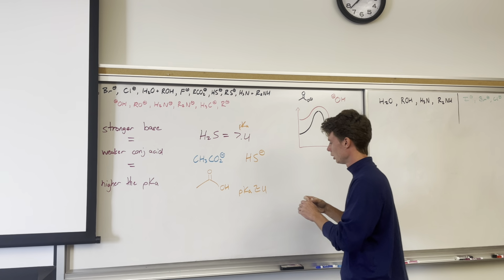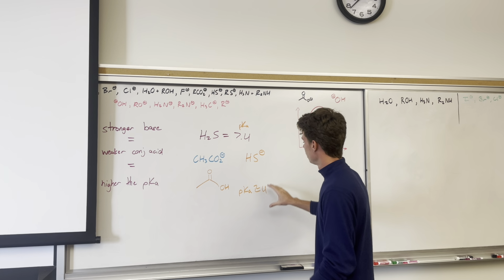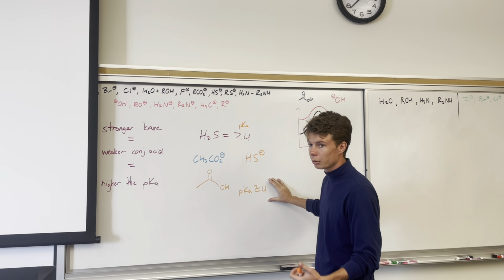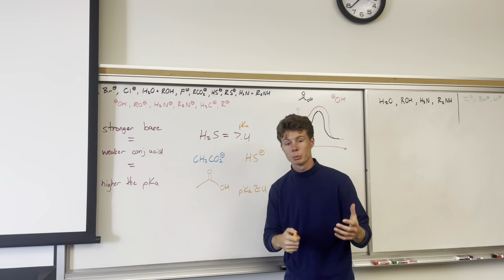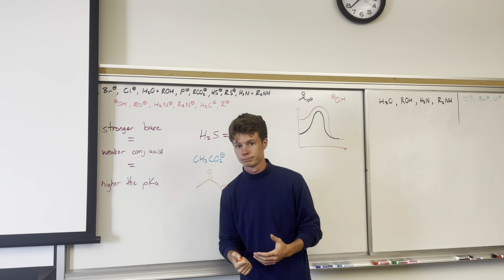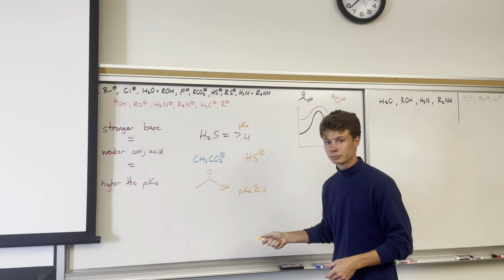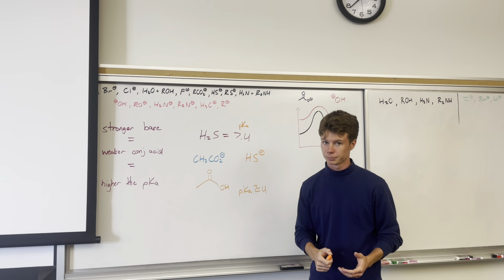Okay, so now we have 2 pKa's we can work with. Carboxylic acid has the lower pKa, which means it's a stronger acid and we have a weaker base.